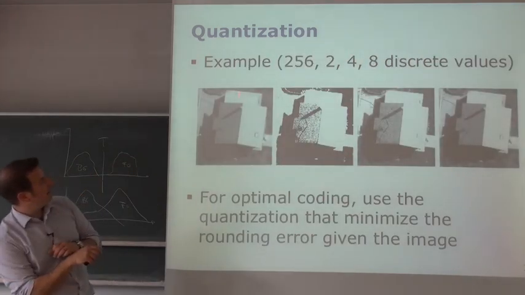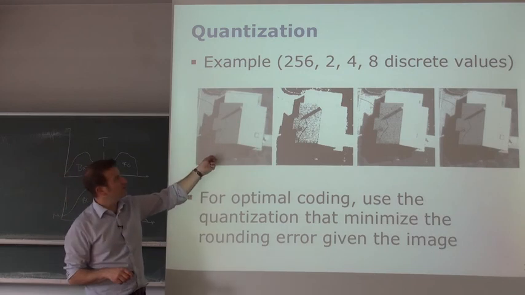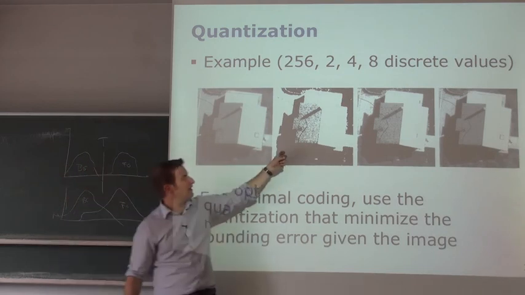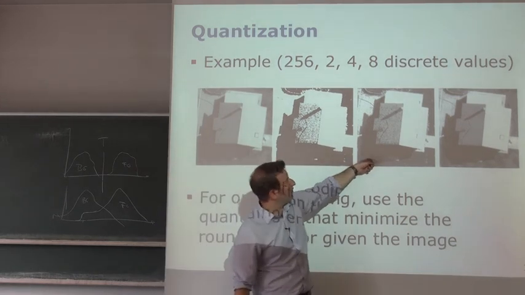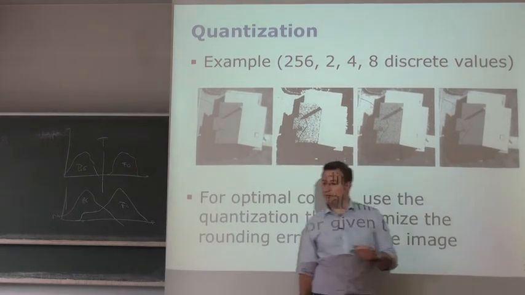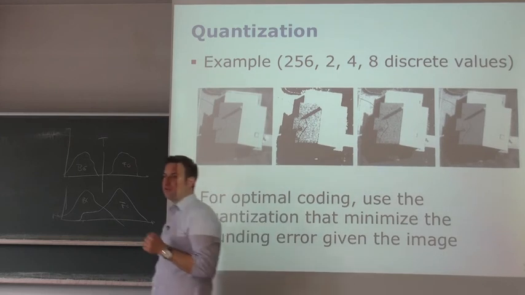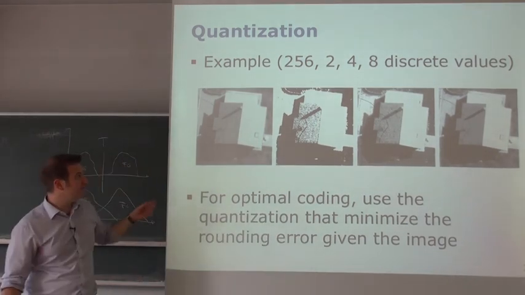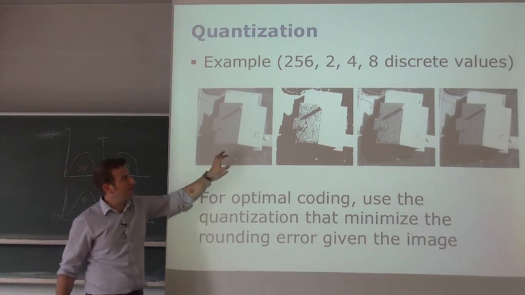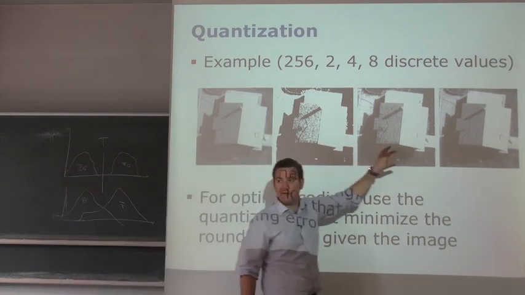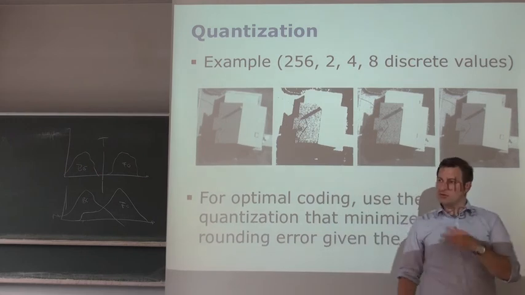So here's an example of the same input image, one with 256 intensity values, the same one with 2, so that's the binary image, just 0 and 1, with 4 values, with 8 values, and so on. A reduction of the number of intensity values can be used in order to compress an image.